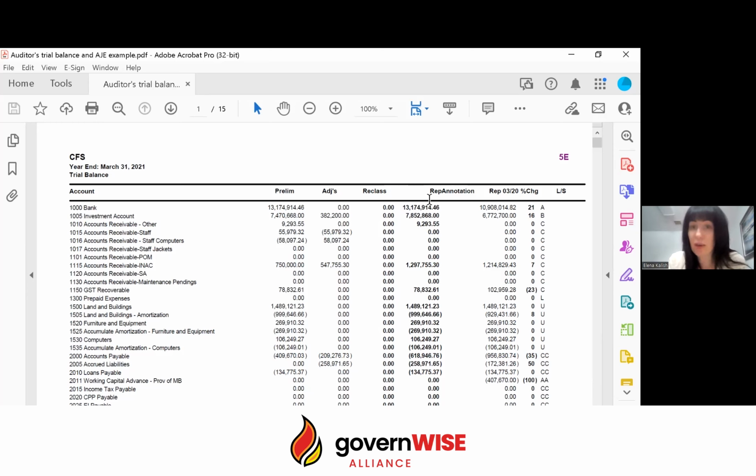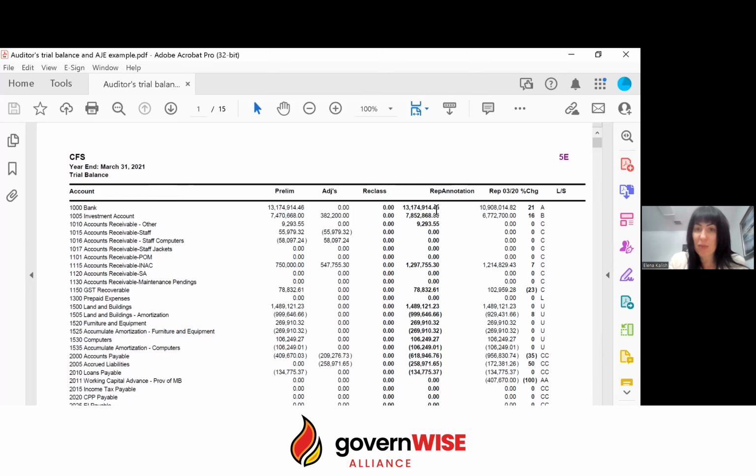And then here where it says rep, probably for representative numbers. I'm not even sure what it means, the rep, but these are the final numbers for this year, for March 31st, 2021.